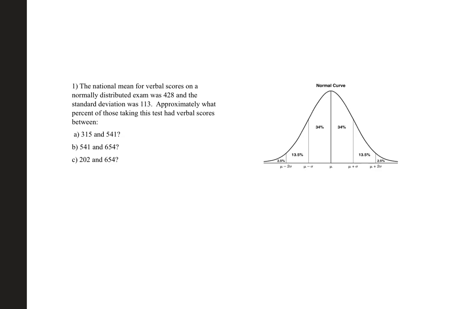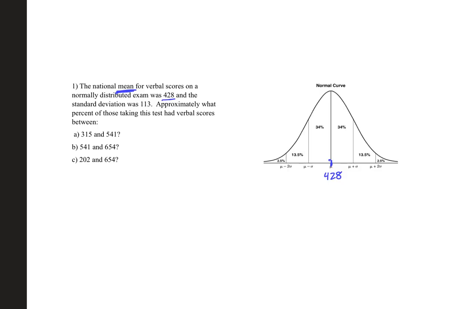All right, so now we're going to be using this with our normal curve. These are different examples of how you might see it and how it can be used. So the national mean, you know that's the middle, right? For a verbal score was 428. So we put 428 in the middle there because that's the mean.